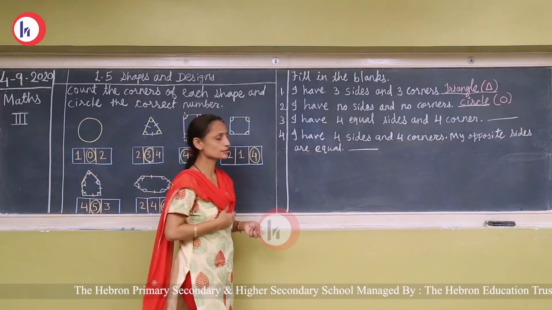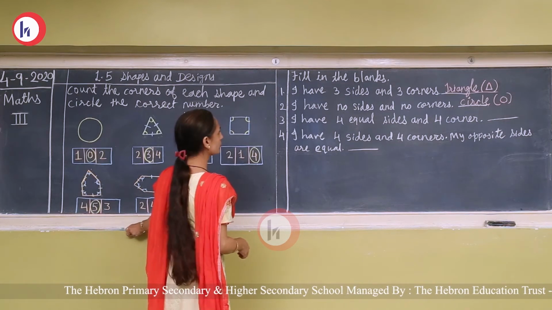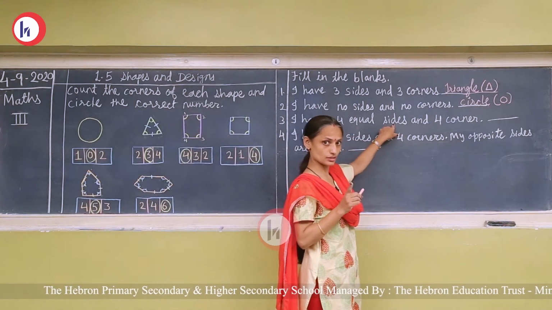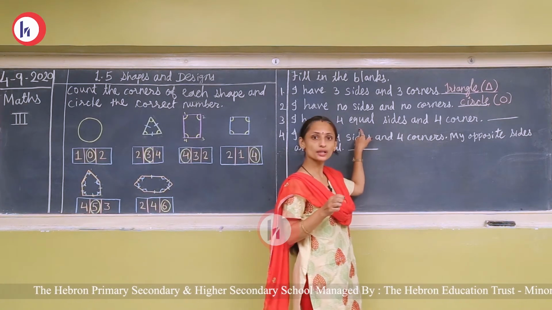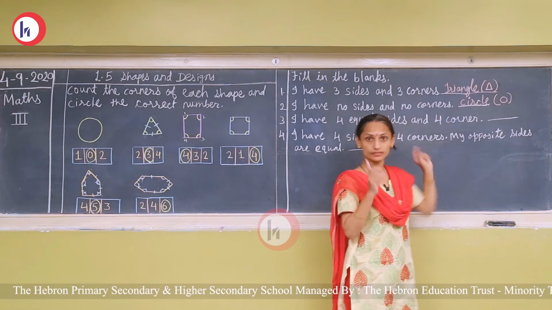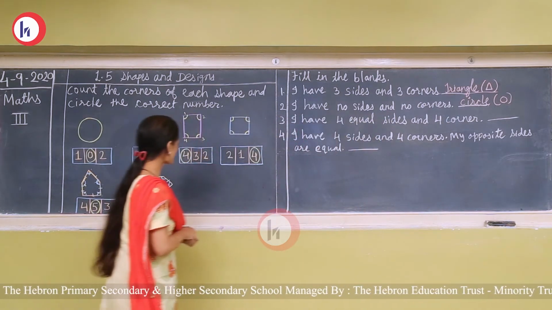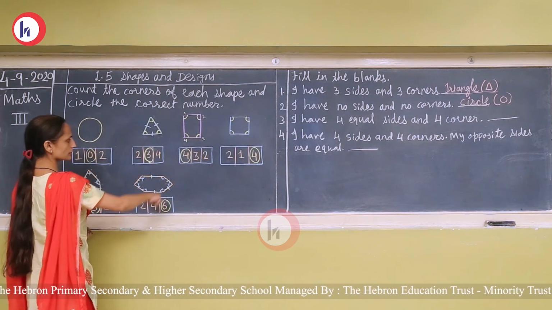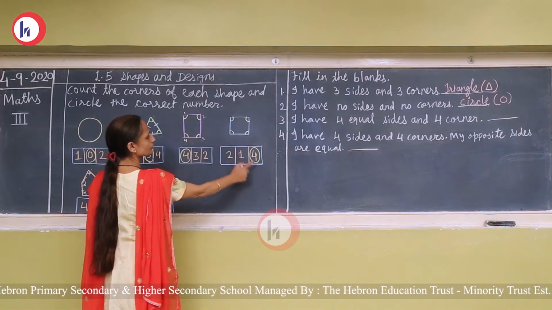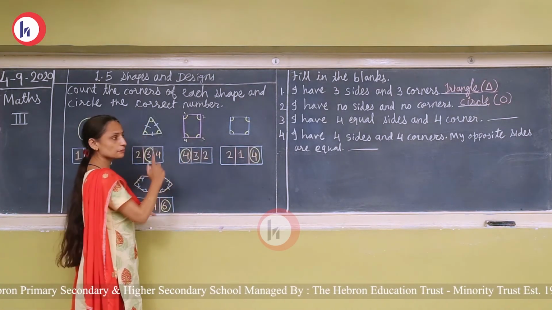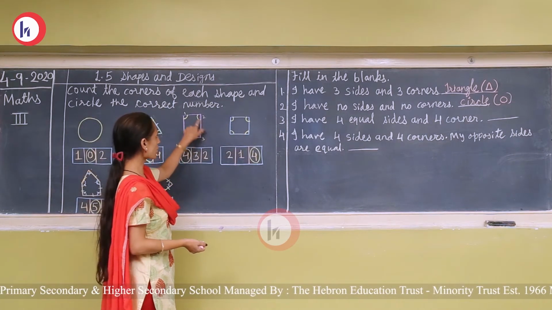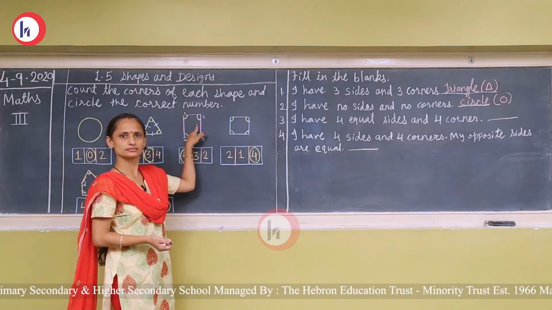Now next, I have 4 equal sides and 4 corners. Which shape has 4 corners here? Yes, these both shapes have 4 corners. But among these two shapes, here all sides are equal.